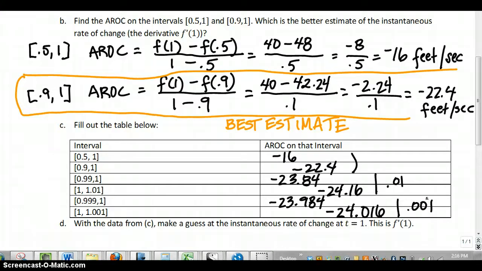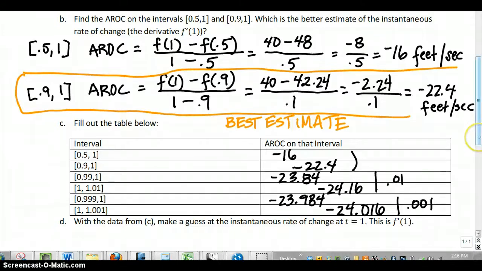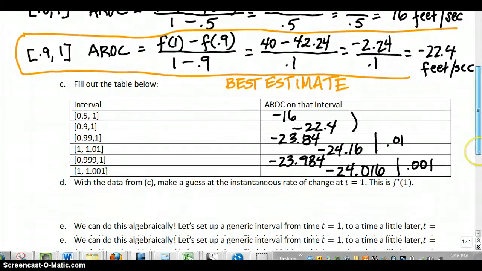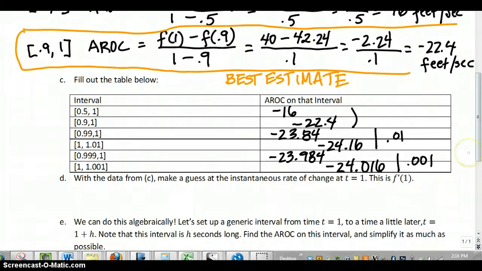The intervals after are all a little bit over 24, and they're all getting closer and closer to 24. So that speaks to D. Can we make a guess about the instantaneous rate of change at t equal 1? I think that we could. I think that the IROC at t equal 1, I'm going to guess it's going to be -24 feet per second.